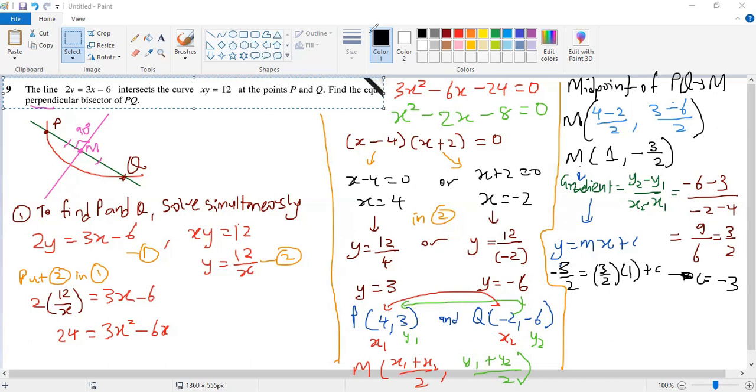Done. So the equation of the line is y equals 3 over 2 x minus 3. This is the equation of the perpendicular bisector of PQ. Okay, that's it. Thank you.